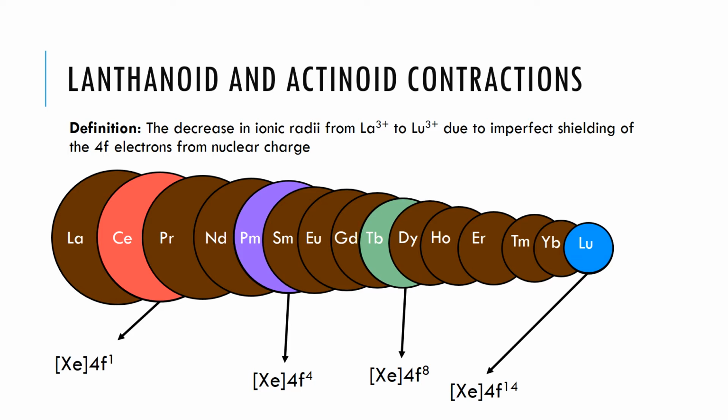Cerium has 1 electron in its 4f orbital, and that increases by 1 electron apiece until you get to lutetium, which has a full 4f subshell with 14 electrons. So as you cross the group, the only real thing that's changing is the occupancy of that 4f subshell.